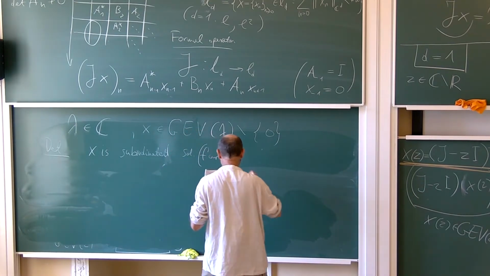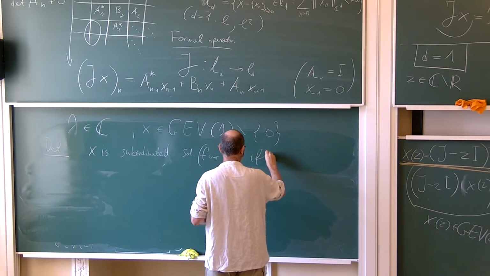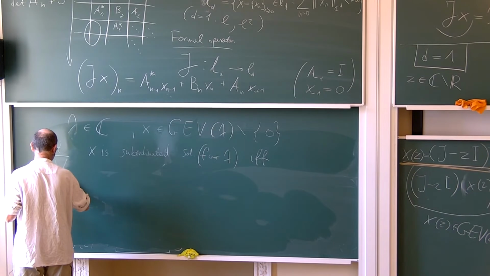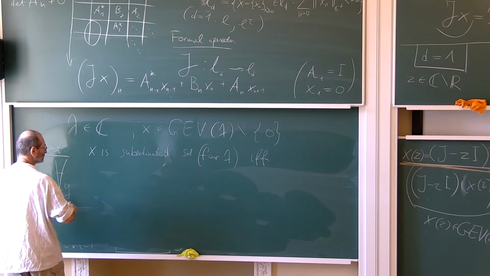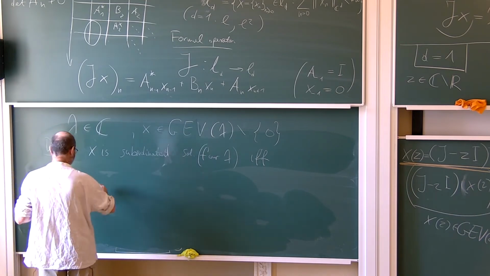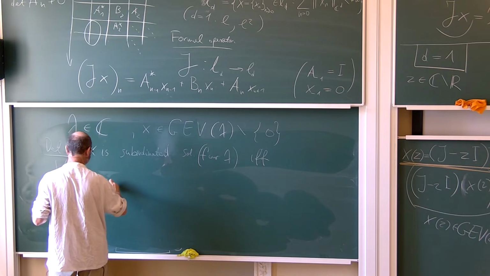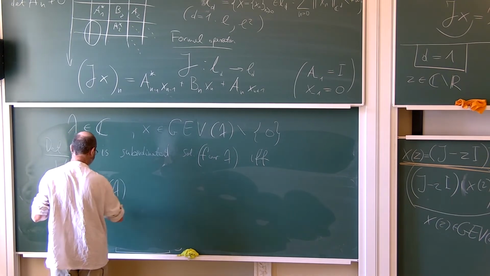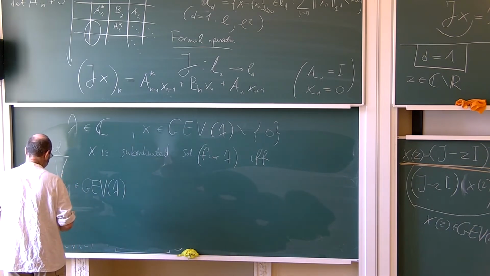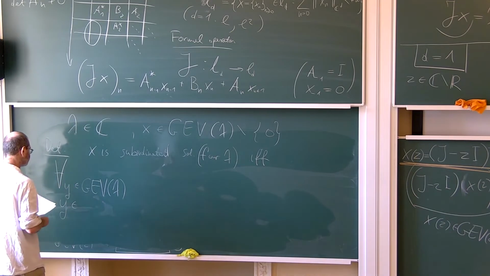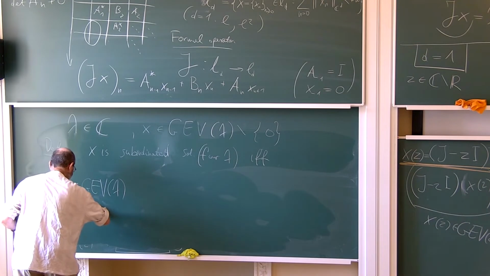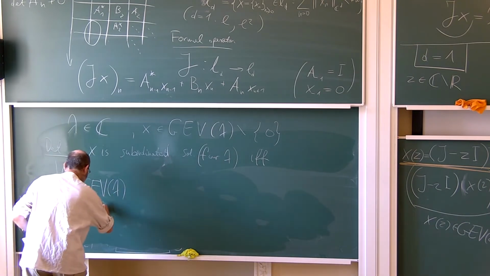We should add sometimes, if and only if for any other solution y which is a generalized eigenvector for lambda, and y is not linearly dependent on x, so does not belong to the linear span of x.